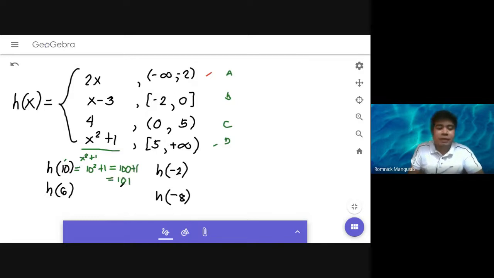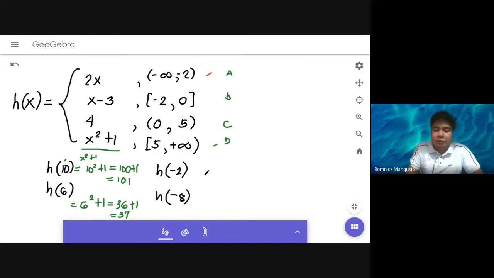So h of 10 is equal to 101. For h of 6, we have to take a look into what interval does 6 belong, and it is obviously on letter D interval, that is all numbers greater than 5. So you can still use x squared plus 1, and that will be equal to 6 squared plus 1 is 36 plus 1, and we have 37.